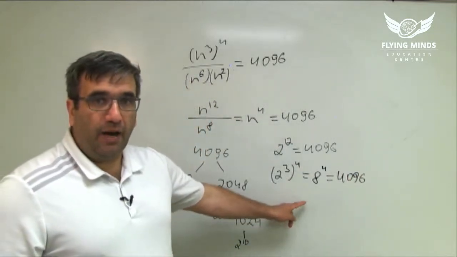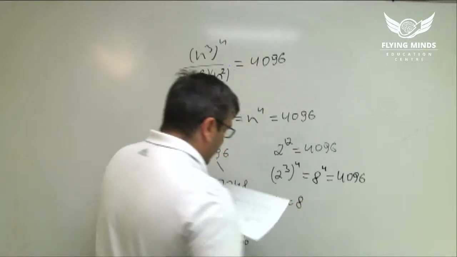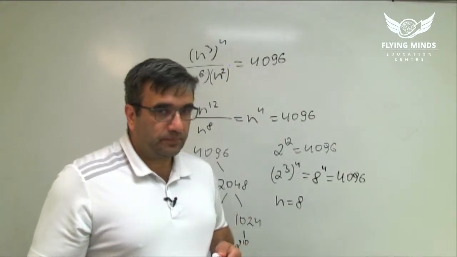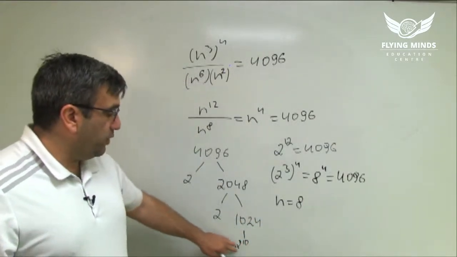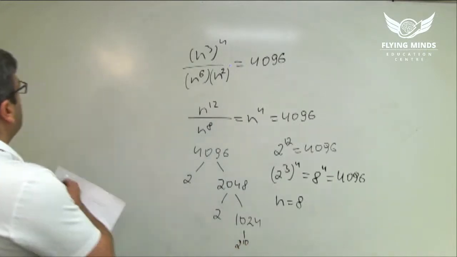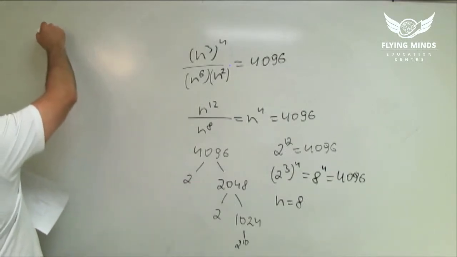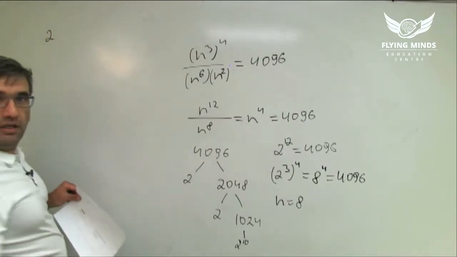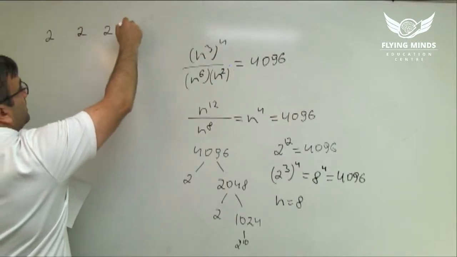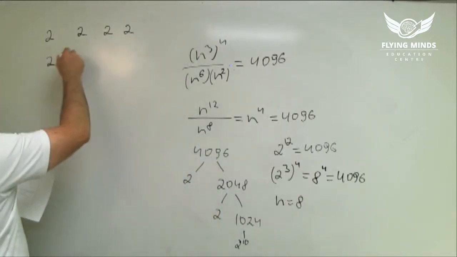And our number equals 8. n equals 8. Okay, but if you continue prime factorization, right, what we're going to have is 2, 12 times, right? This is what we're going to have, 12 times.